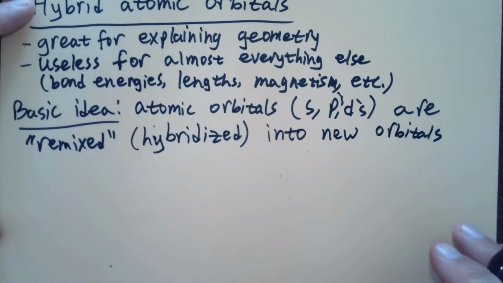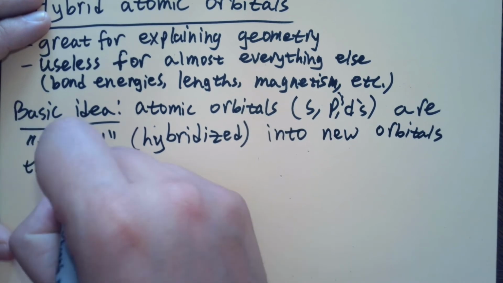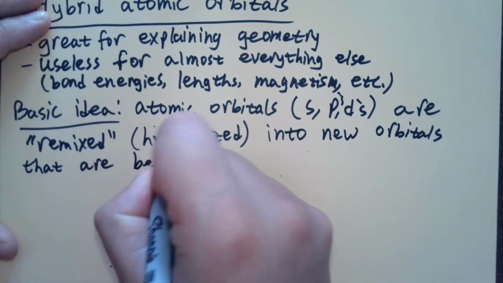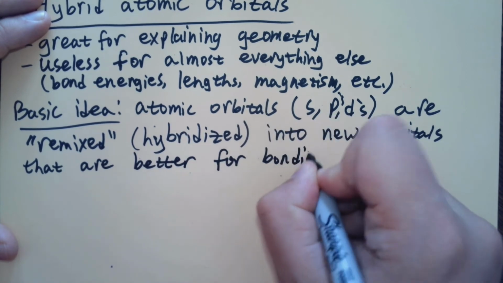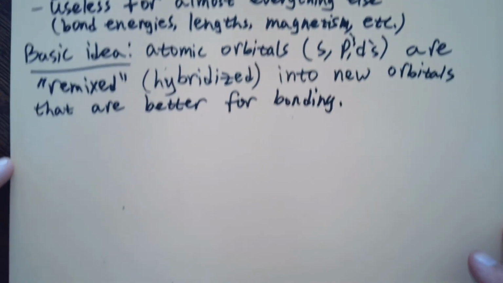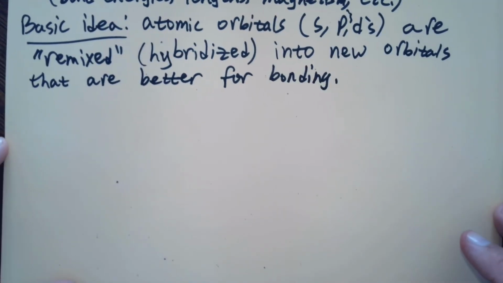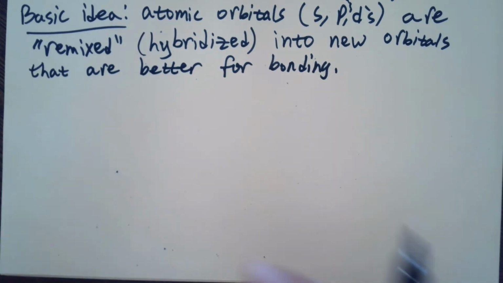And these new orbitals are actually going to be better for bonding. So, I'm going to go in a little bit different order than the book in my explanation. Your book goes one direction, I'm going to kind of go the other.